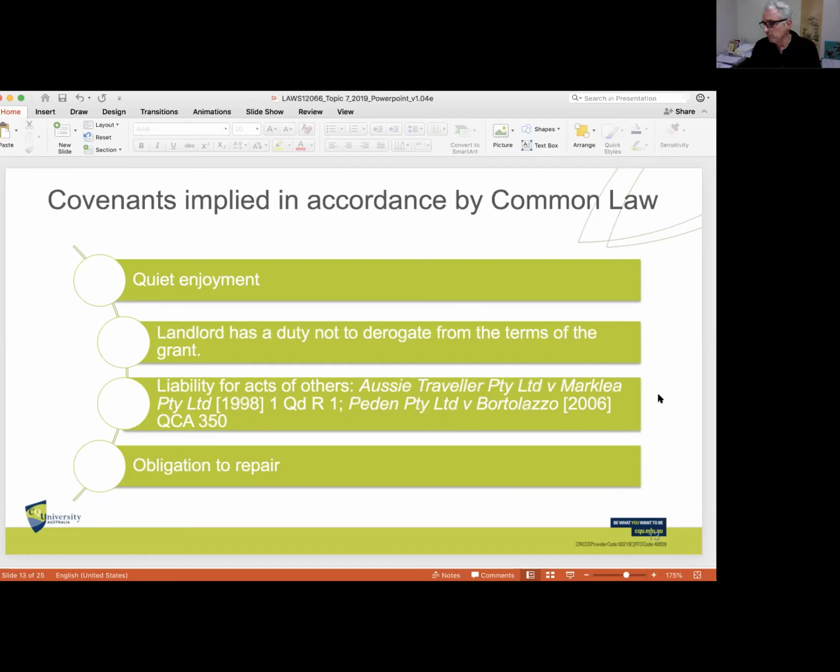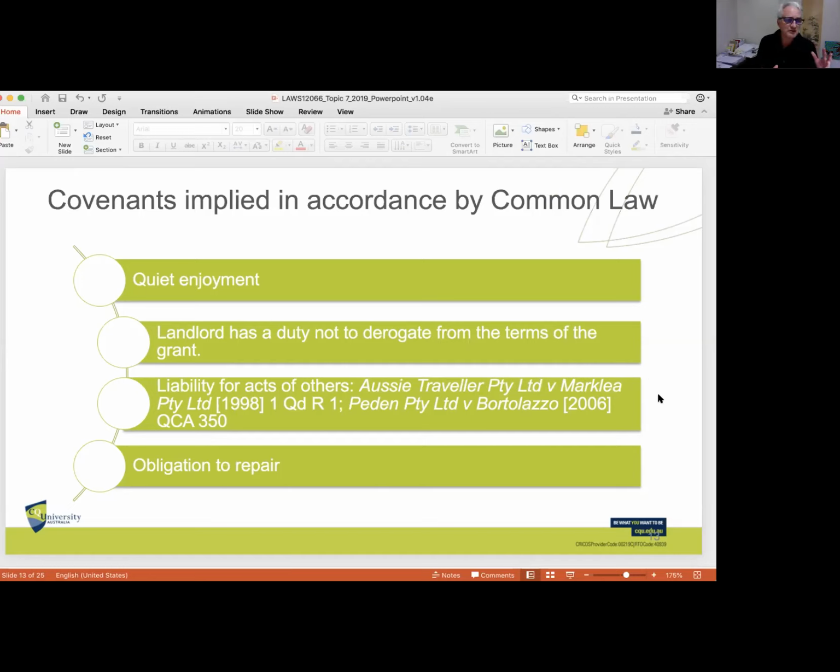Right, so once we deal with those different varieties of lease situations and types of leases that the law has identified and that equity might enforce, we now come to the next critical area within this topic on the law of leases, and that is covenants.